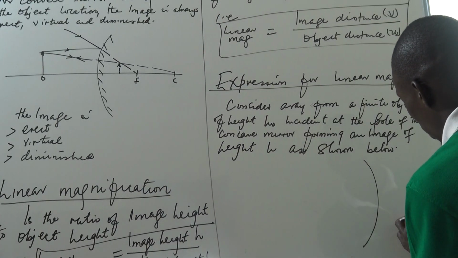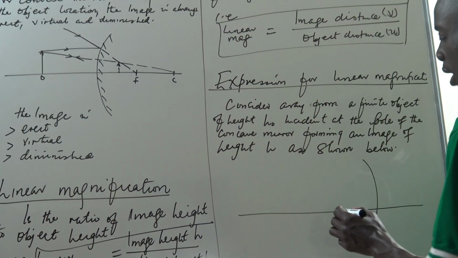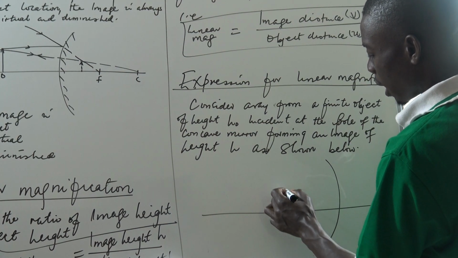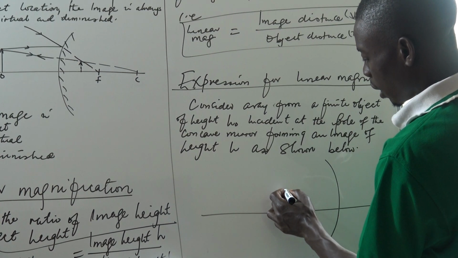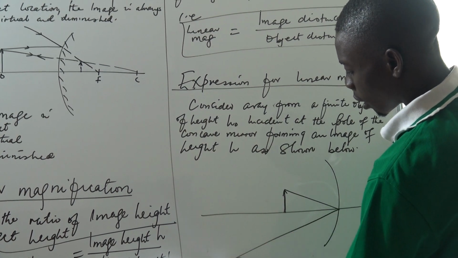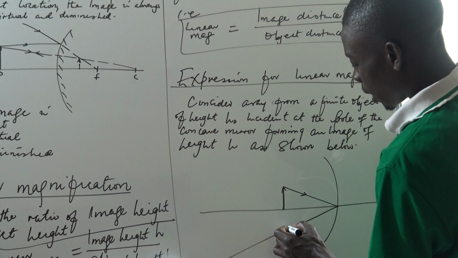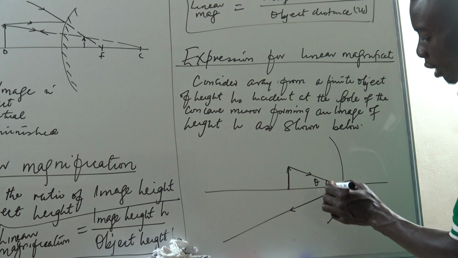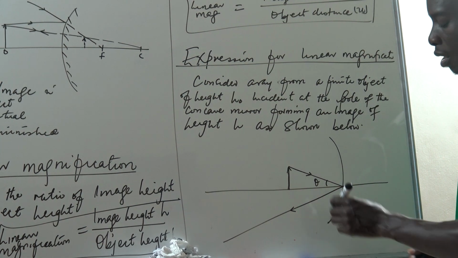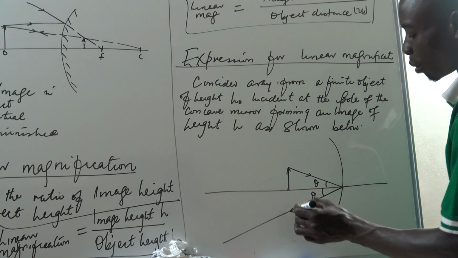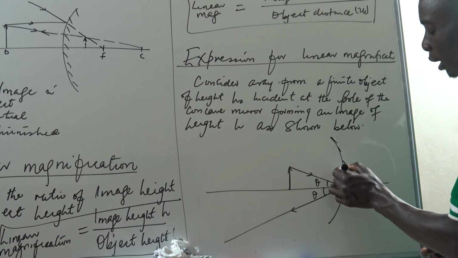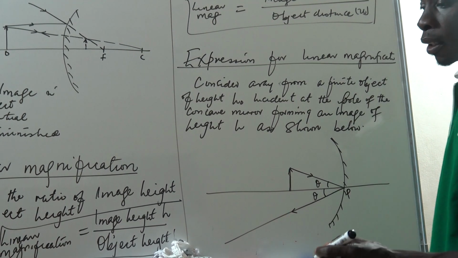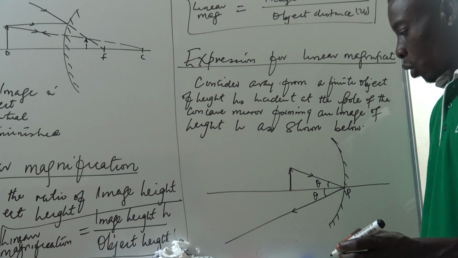If at all I have my object here, and then I have a ray. This is reflected there, and we said this angle here will also be equivalent to that angle there, will be equivalent to theta.